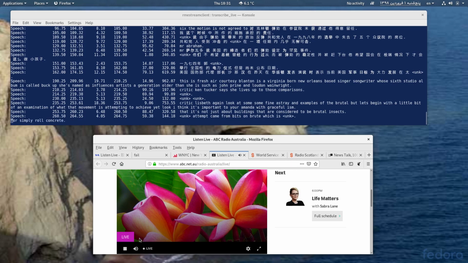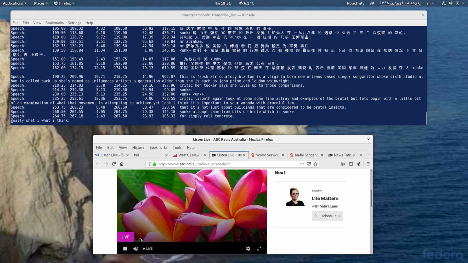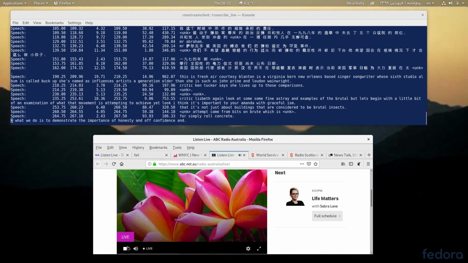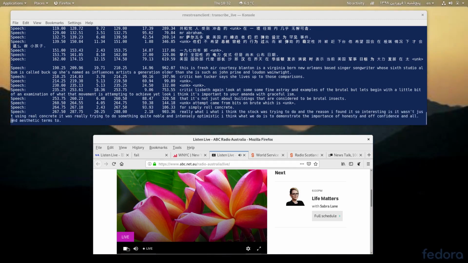But really what I think the style was trying to do, and the reason I find it so interesting is it wasn't just using raw concrete. It was really trying to do something quite noble and intensely optimistic, I think, which was to demonstrate the importance of honesty and of confidence, and also in aesthetic terms to always contrast the very solid and the very heavy and, if you like, the brutal with the very fine and light and sublime. So you get rough contrasted with smooth and solid contrasted with transparent and dark contrasted with.